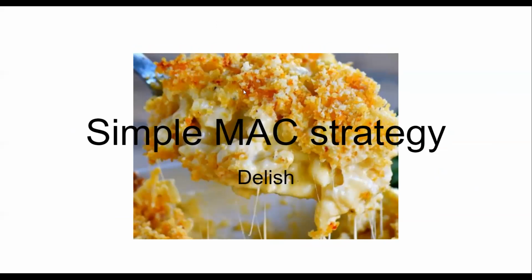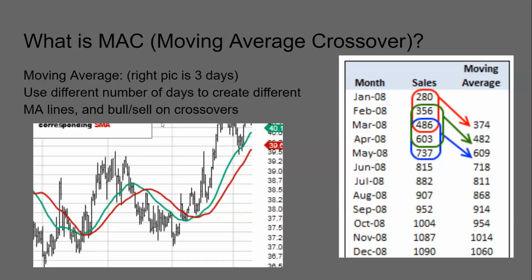Let me just go over what a moving average crossover strategy is. A moving average crossover takes price data and averages out a certain number of days. The picture on the right gives a good example of what a moving average is.